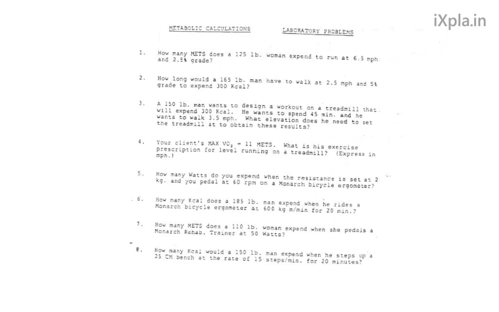Very simple. Now number 2 is a more complicated one, because whenever it's asking for how long or calories, you have to do more calculations. So again, mark what you have: 165 pounds, 2.5 miles an hour, 5% incline, 300 calories, and he's walking. They're looking for a time.